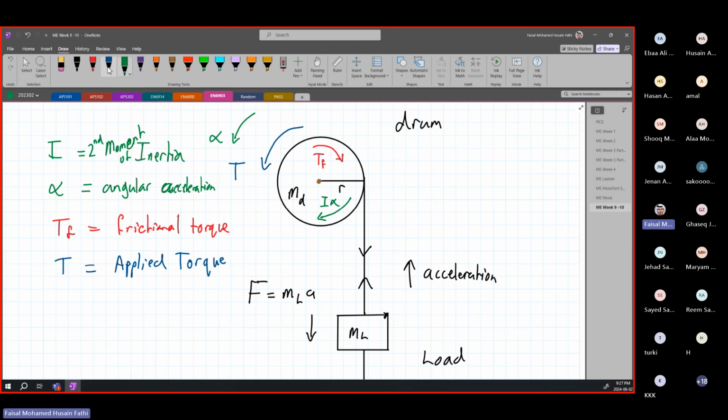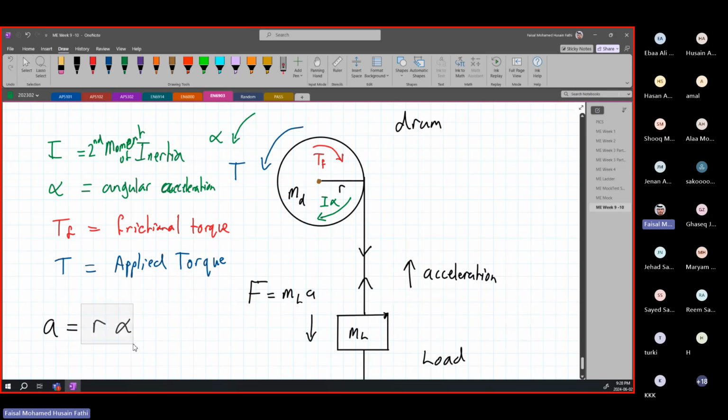Before I talk about inertia, I'll leave that to last. Let's talk about alpha. Remember the equation that I said early on, that acceleration A is equal to R alpha. This linear acceleration is equal to the radius times alpha.